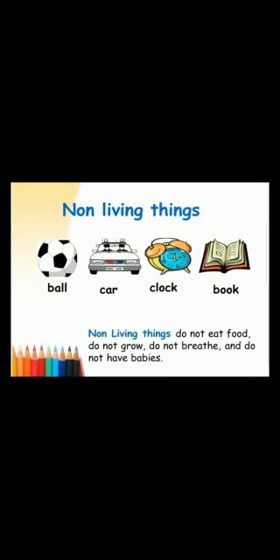Non-living things. We have ball, car, clock, and book. All non-living things are objects. Non-living things do not eat food, do not grow, do not breathe, and do not have babies.